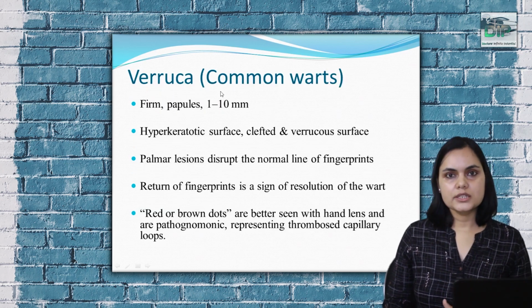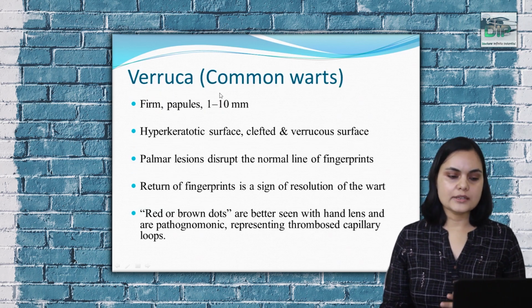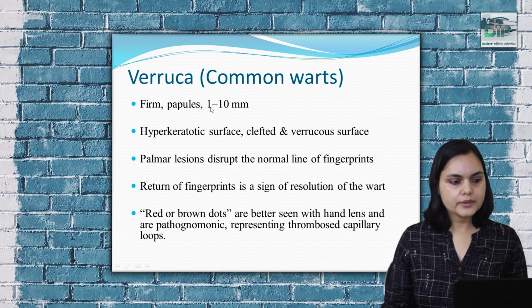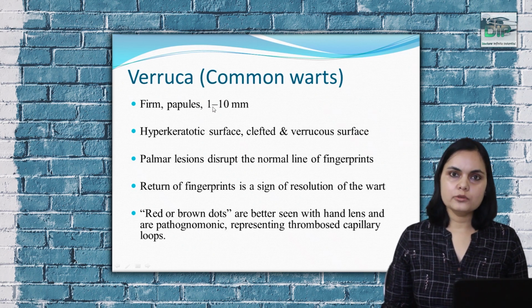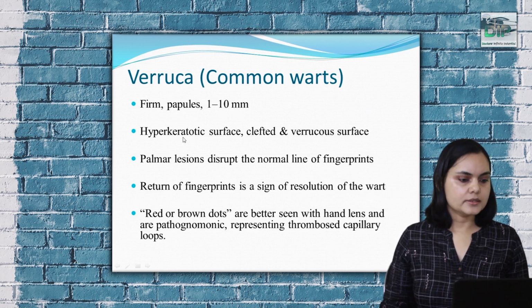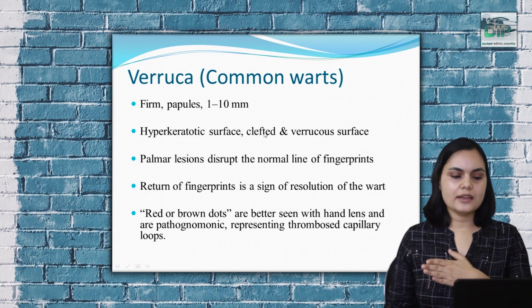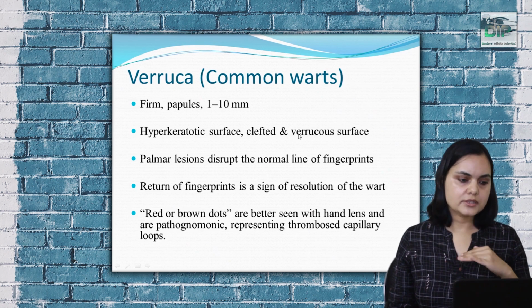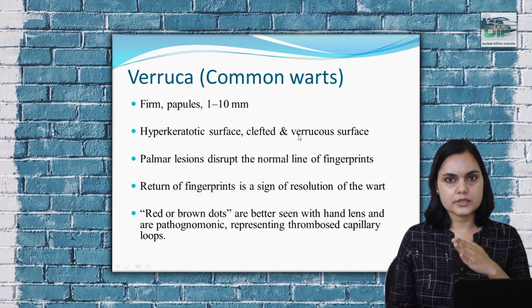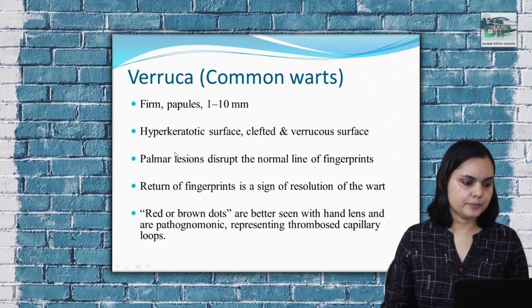Another common condition in children is verruca, which is also known as common warts. They present as papules of 1 to 10 millimeter in size, and on morphology they have a hyperkeratotic, verrucous surface with clefts in between.